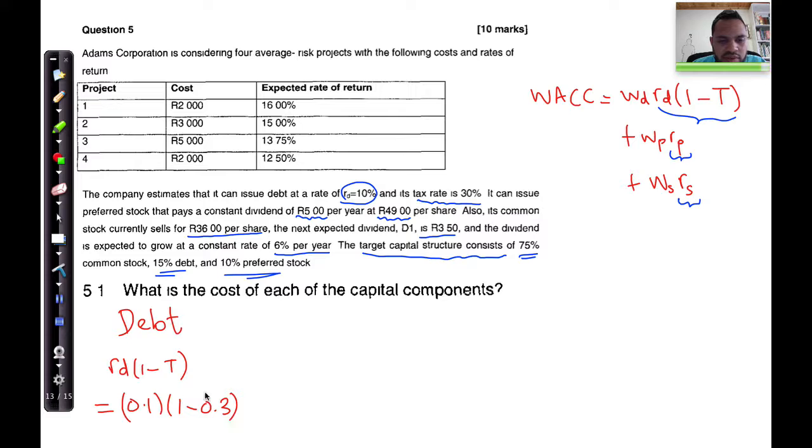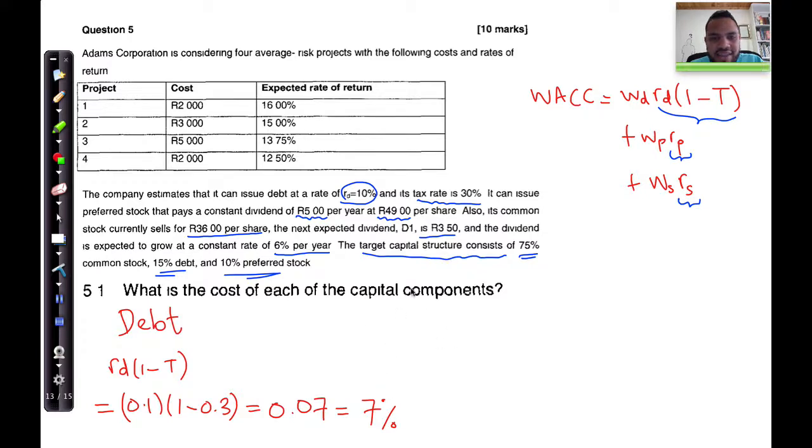And where do we get the 0.3 from? It is the fact that the tax rate is given at 30%. So if we do that on a calculator, that's 0.1 multiplied by 0.7, and that should give us 0.07, which is equivalent to 7%. So in other words, the cost of debt, KD, is equal to 7%, right?